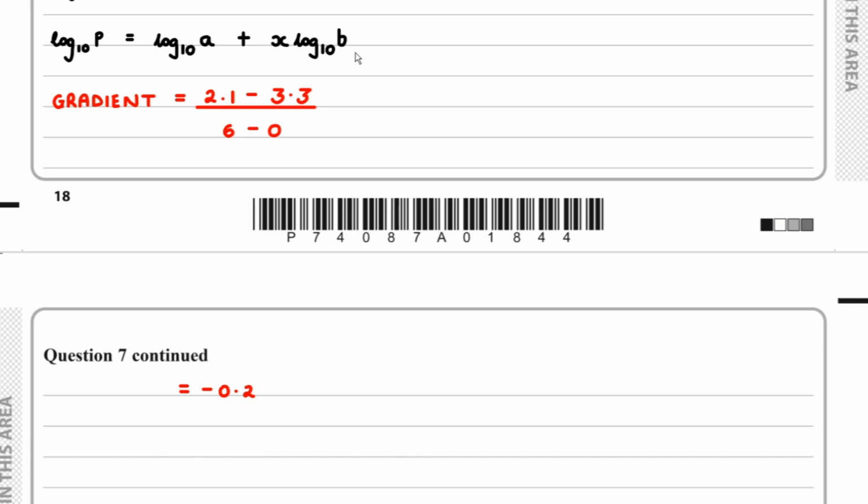Now if we compare this equation with y equals mx plus c, we've got the y, which is log base 10 of p, we've got the m, which is log base 10 of b, we've got the x, which remains the same, and the c, which is log base 10 of a. And what we know as well is that the graph intersects the log base 10 of p axis at 3.3.